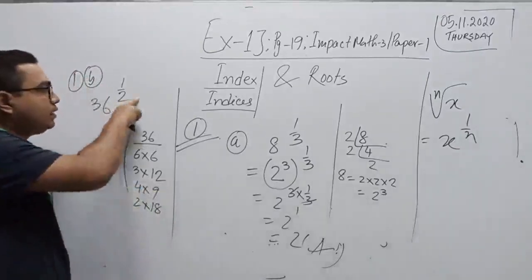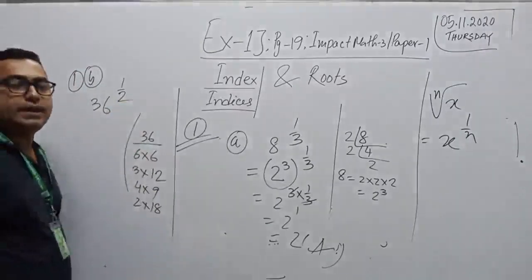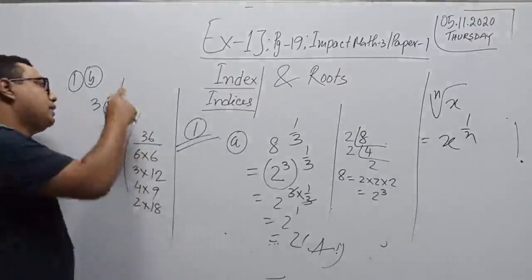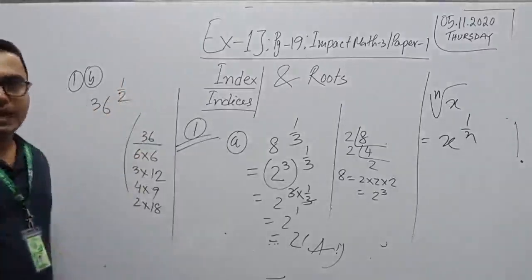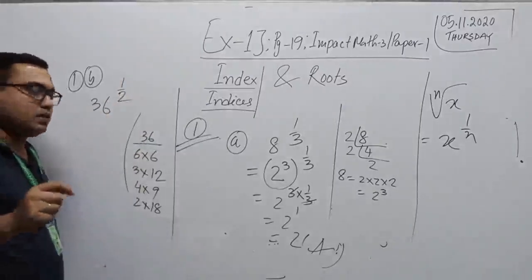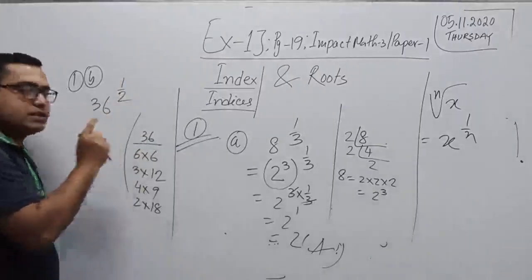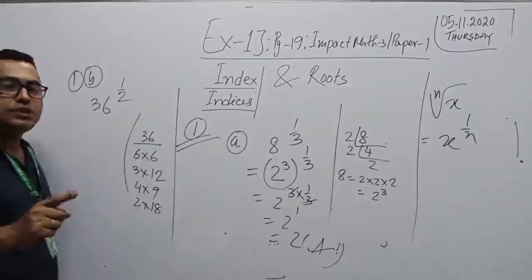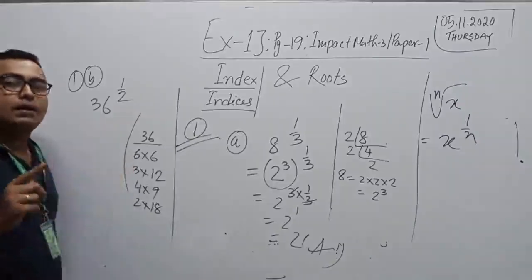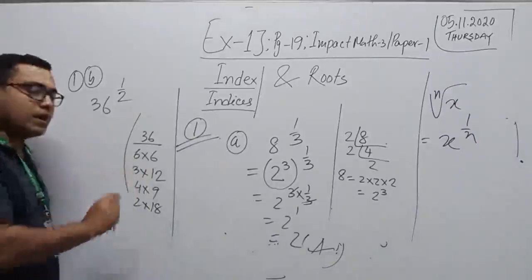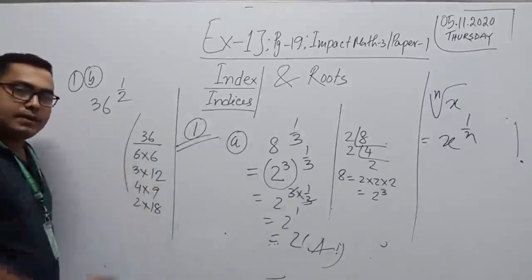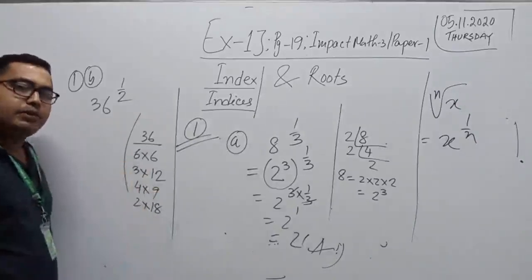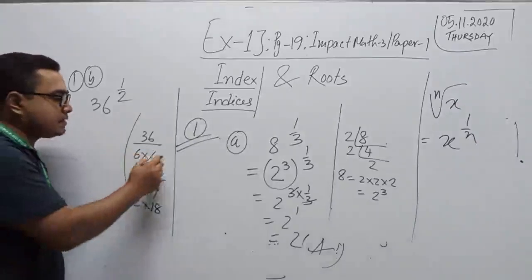Focus here on the indices. Here 1 by 2. So our first attempt would be the factor by which we can make a square. Look, 3 times 12. Can you make a square? 4 times 9. Can you make a square? But 6 times 6. Look here.